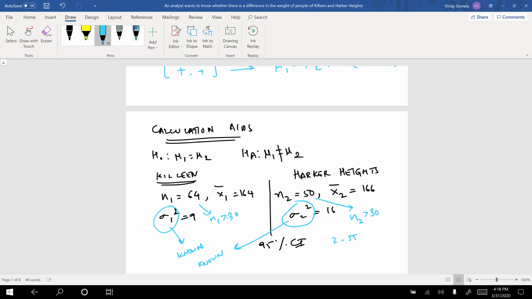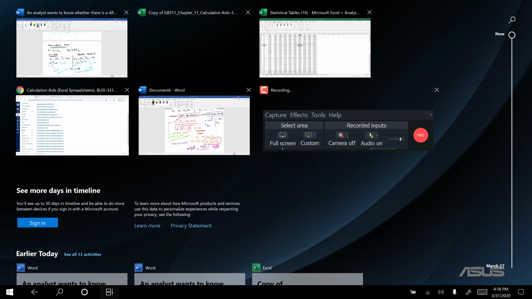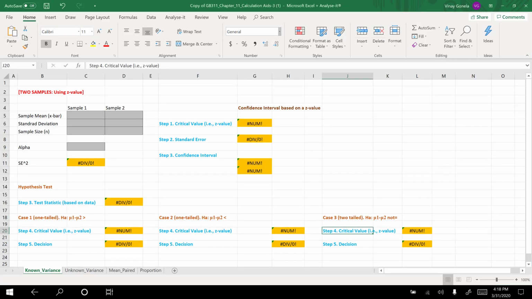You will be using Zstat, that is, you will be using the known variance sheet in your calculation aids. So now we go here, the gray area is where you will key in your values.